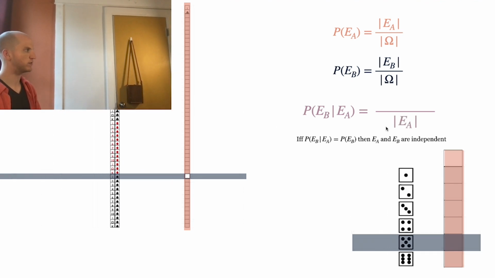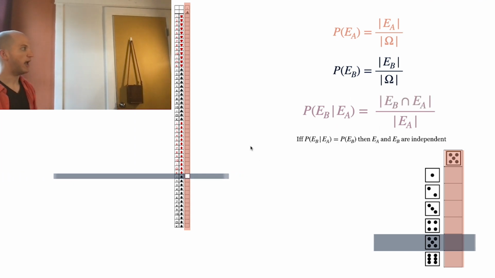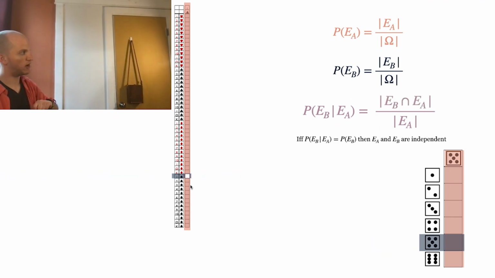We defined our universe of discourse as just inside red, so then our denominator becomes just the size of the red column. And we limited the part of event B that we're interested in to just the part of event B that's also inside event A. The square has to be inside of event B and qualify for being inside of event A in order to get added to the measurement.